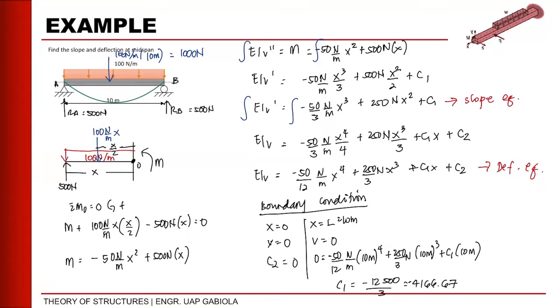Okay? So what will be our equations now? Our equations will be, i-write ko lang muna dito. EI v prime, yung slope natin, will be equal sa negative 50 over 3 Newton per meter x cube plus 250 Newton x squared minus 12,500 over 3.